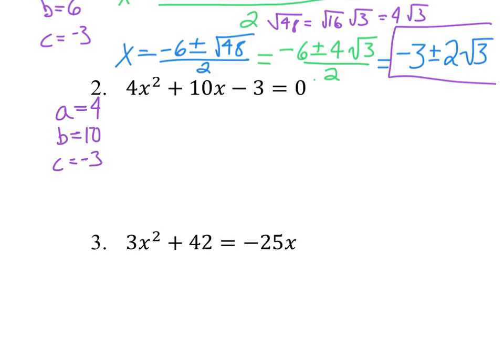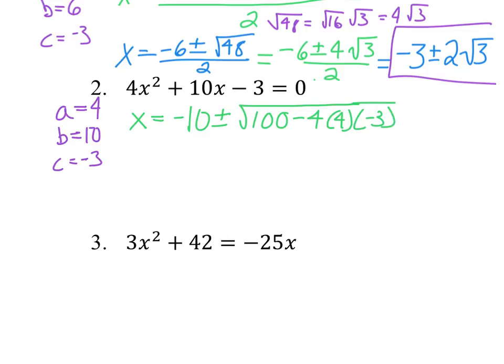So plugging those into the quadratic formula, we get x equals the opposite of b plus or minus the square root. B squared would be 100. Minus 4 times a times c. Again, notice the minus in the negative, so that will end up being plus there.